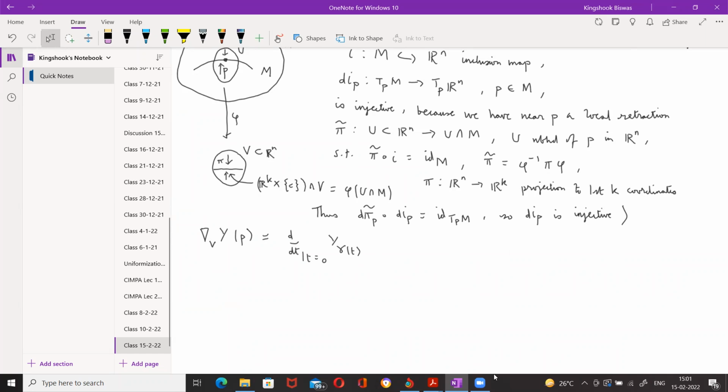So this makes sense because all of these vectors Y at gamma(t) take values in the same vector space, R^n. So this makes sense as a vector in R^n, which you can identify with T_P R^n.